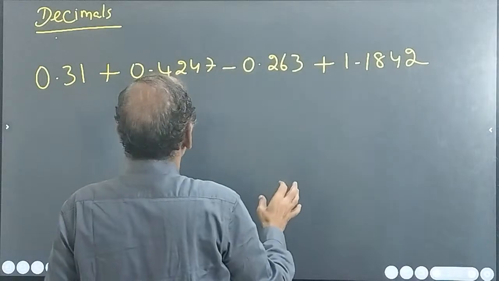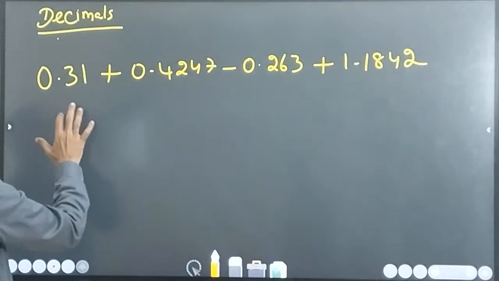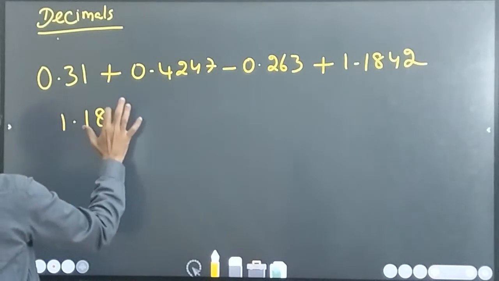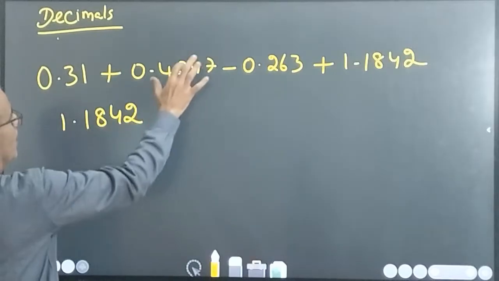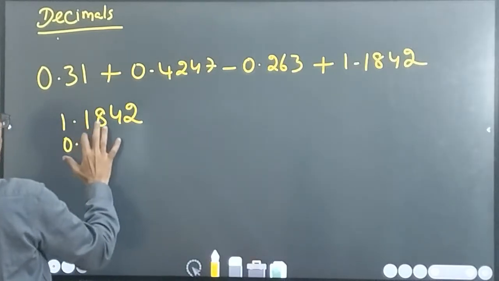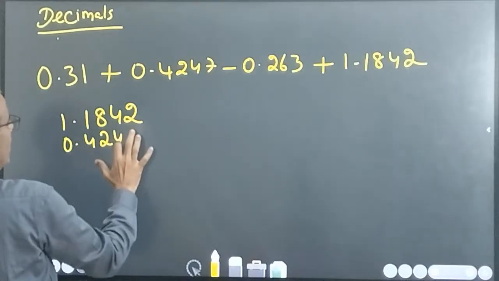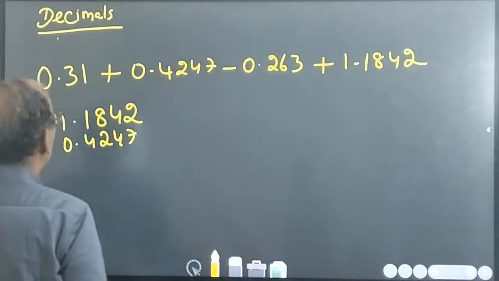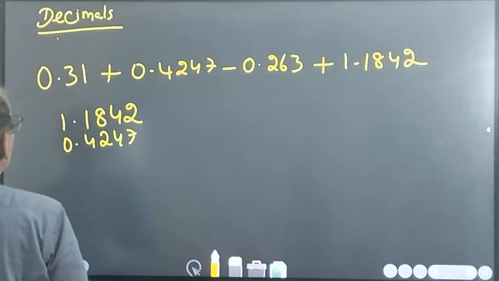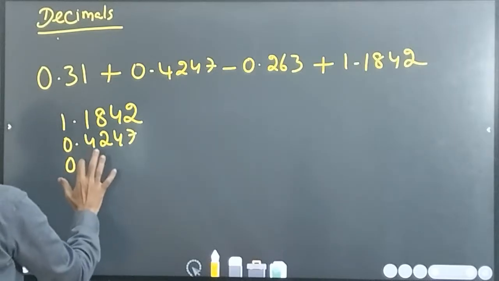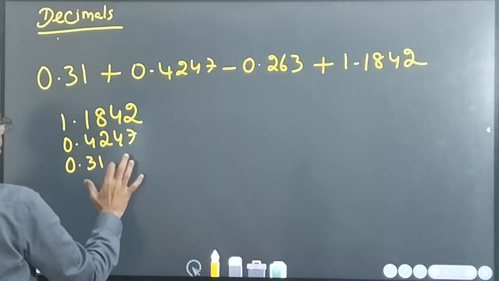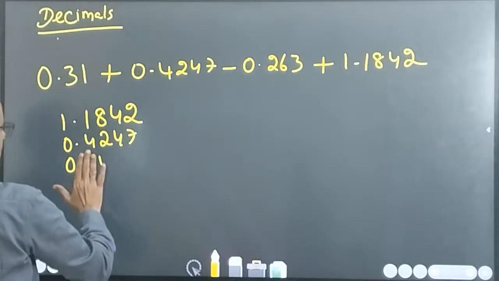This is plus, correct? You take 1.1842 here. You take this 0.4247. This is also plus. What about 0.31? That is also plus, correct?